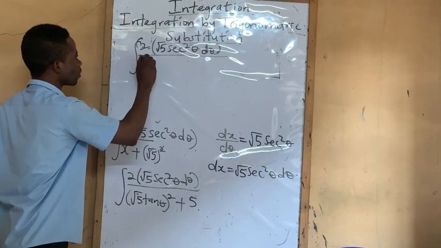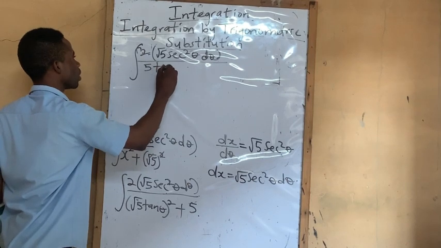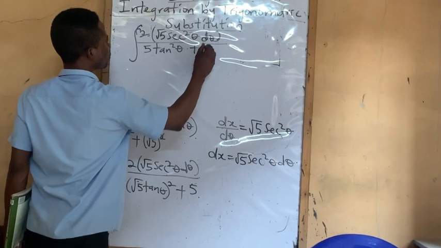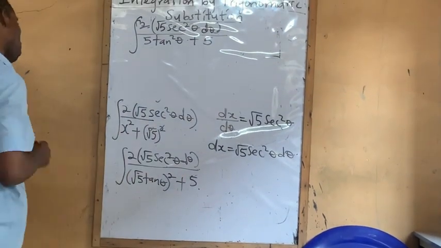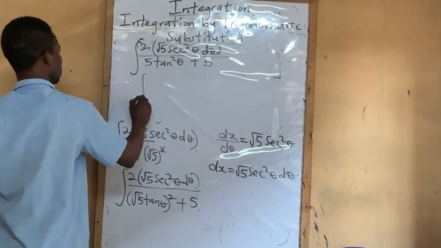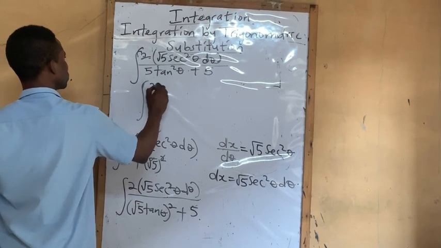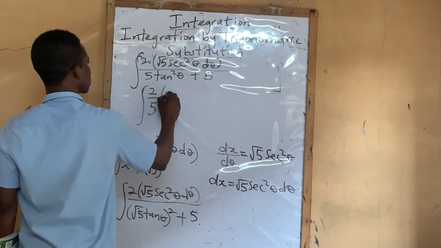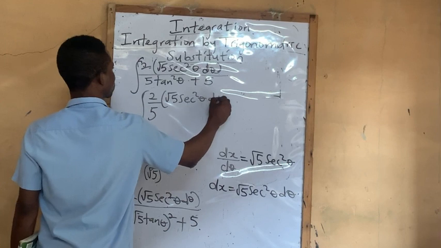That is 5, and this square is also for tan theta, that is tan square theta, plus 5. So that one is giving me: integral of 2 all over 5 into bracket square root of 5 sec square theta d theta.